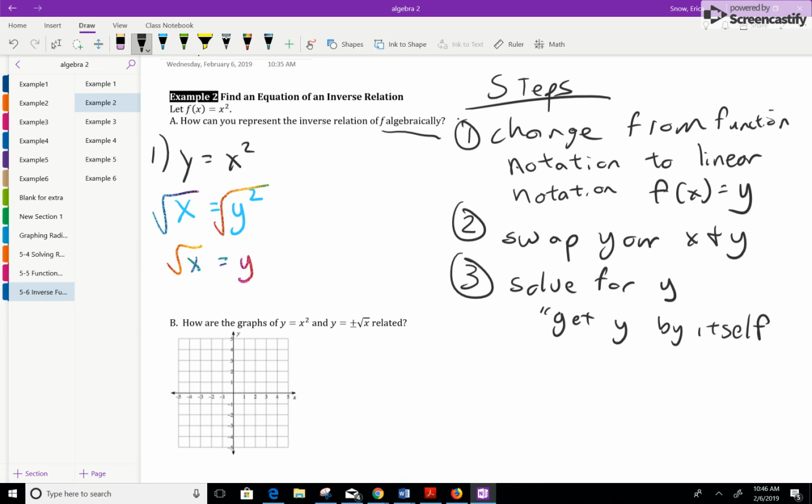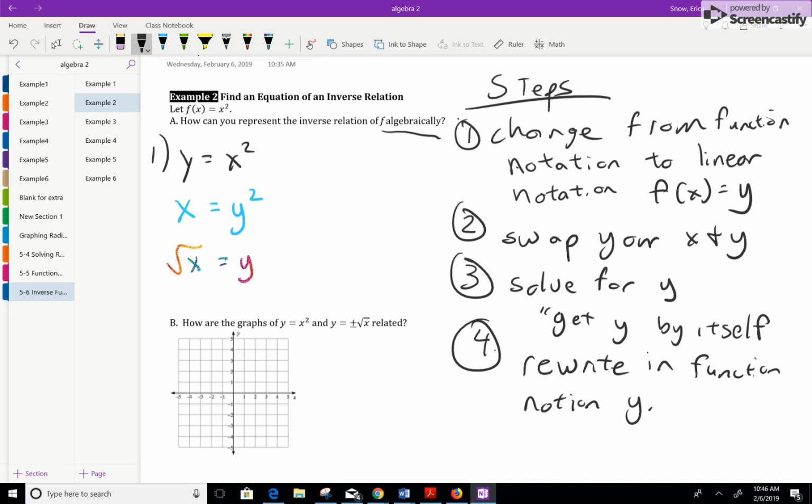And then finally, your fourth step is to rewrite in function notation using f inverse of x.